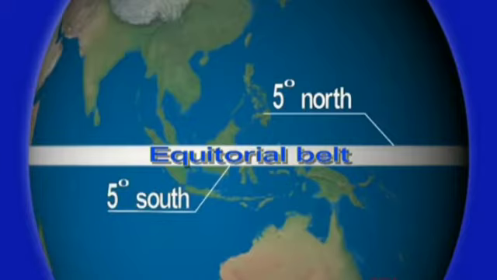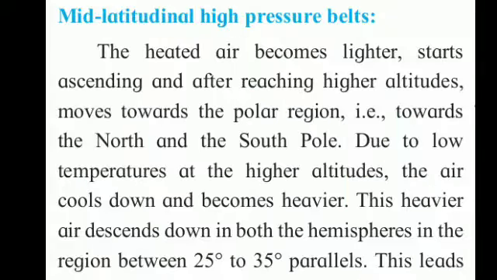Okay. Second is the mid-latitudinal high pressure belt. The heated air becomes lighter, starts ascending, and after reaching a higher altitude moves towards the polar region, that is, towards the north and south pole.